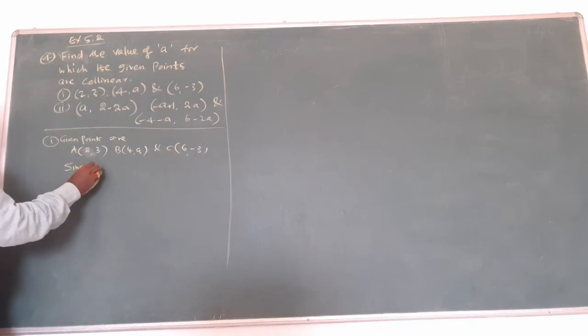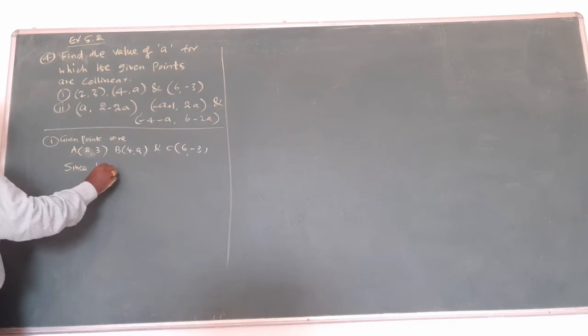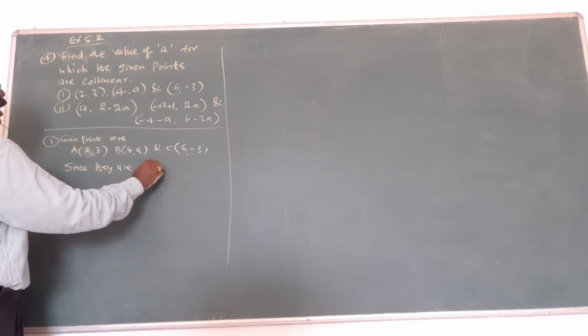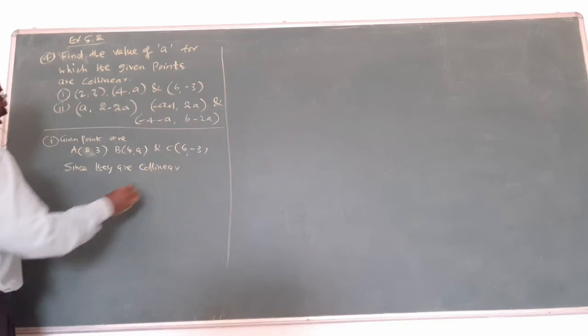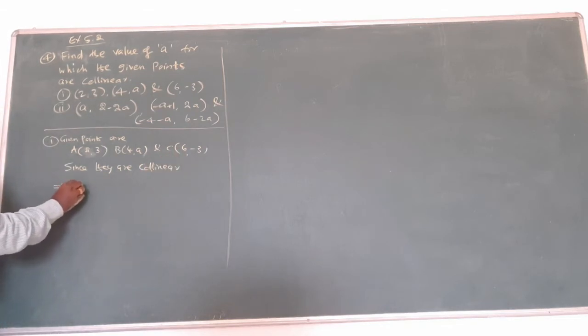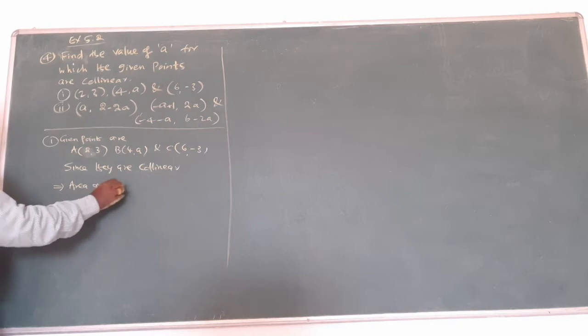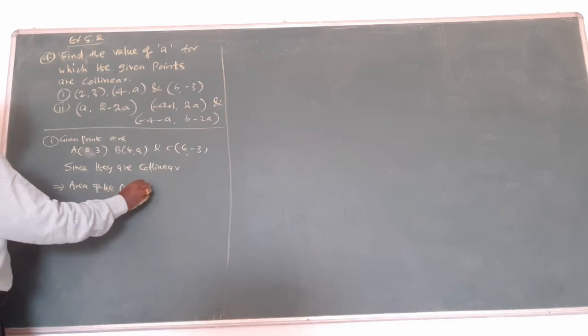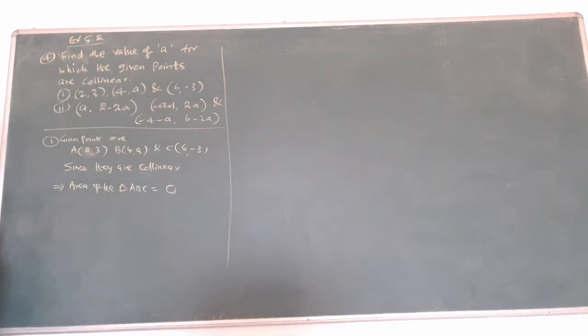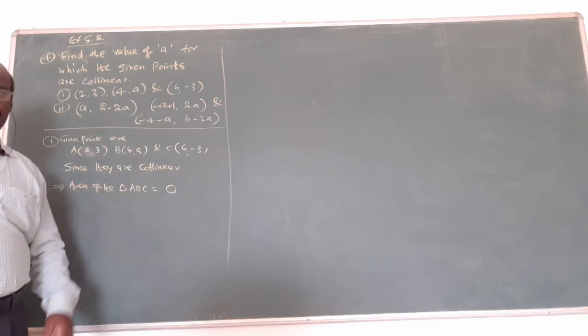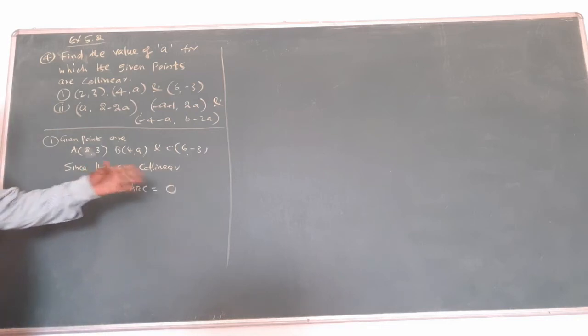Since the points are collinear, that means what? The area of the triangle ABC is equal to 0. That is the reason the area is given: collinear means the area becomes 0.